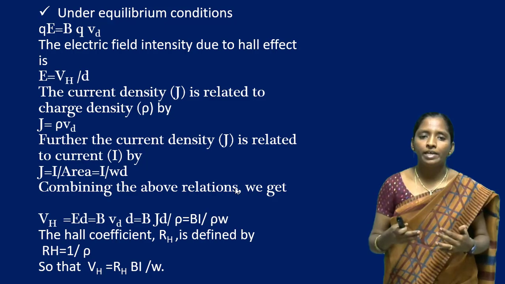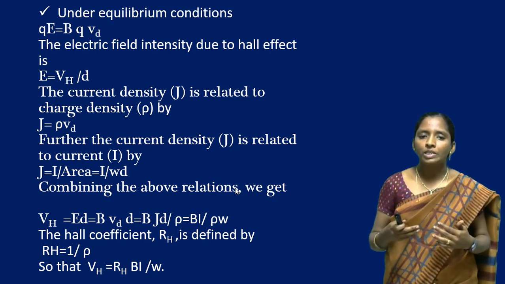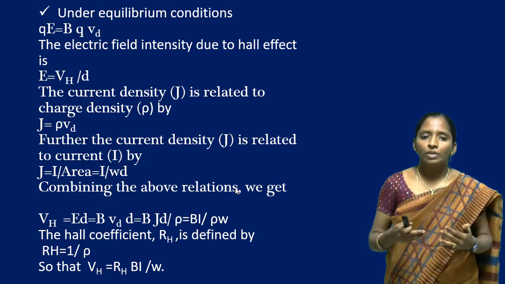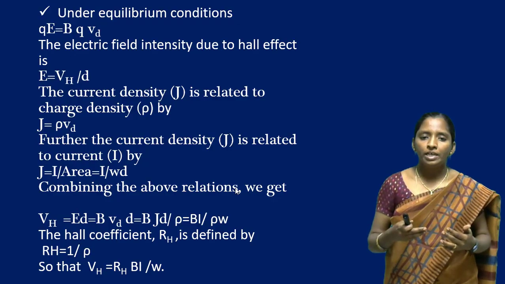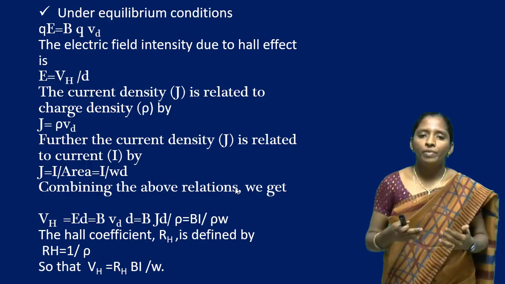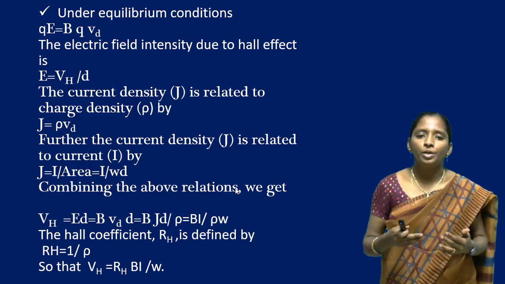So here the area is W into D. Combining the above equations, we get VH equal to E into d, that equal to B into VD into d. Here E equal to B into VD. So after substituting the values, VH equal to B into J d by rho. Here VH equal to B I by rho into W.